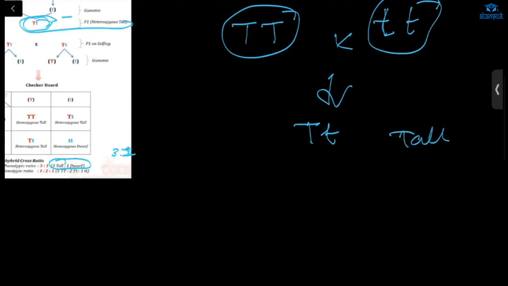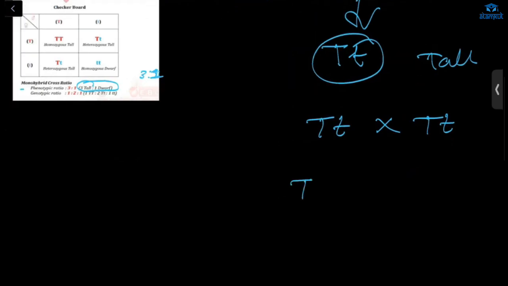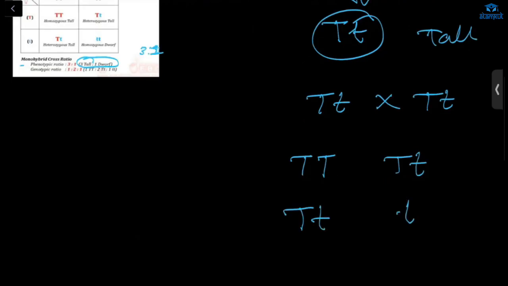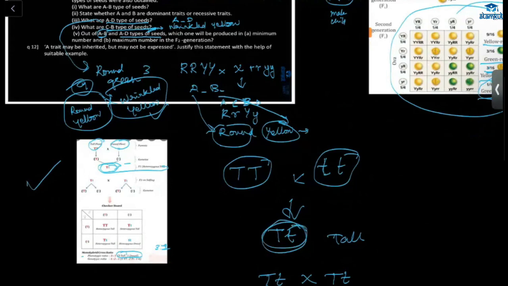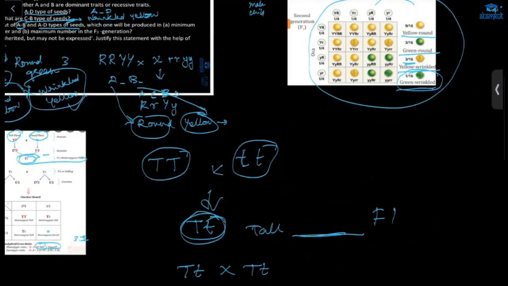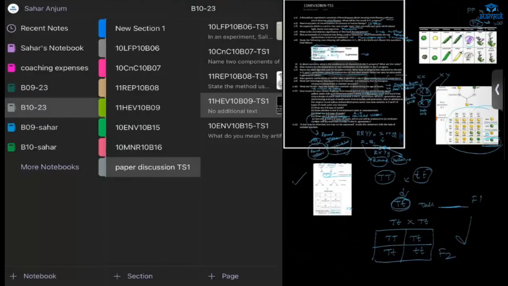But again, if we take tall and tall and cross them again, what do we get? We get tall and short, right? So here the trait is inherited, but in the first generation it is not expressed. In the second generation only, it is expressed. Okay, understood?